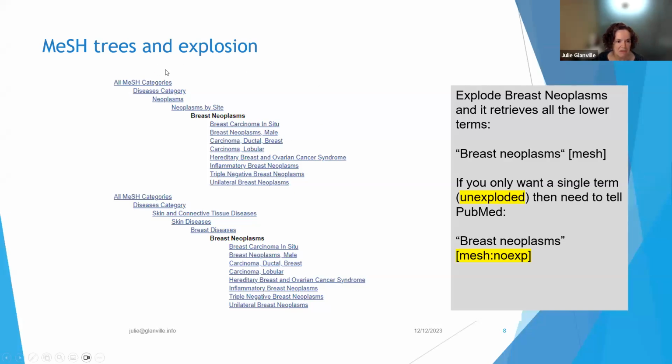So here is breast neoplasms, and this shows you its position within the MeSH tree, and there are two MeSH trees in which breast neoplasms appear: breast diseases and neoplasms by site.